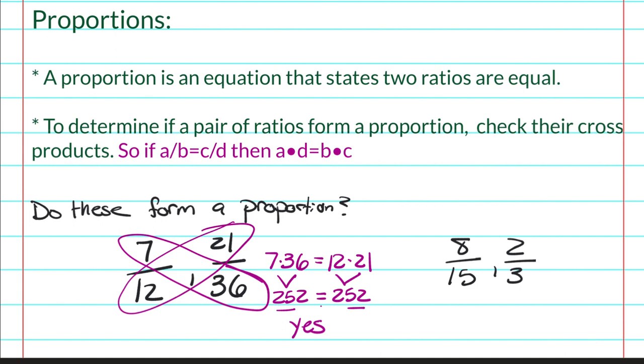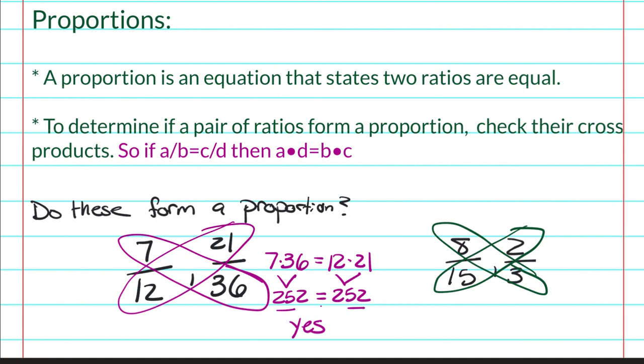Now let's look at the next example we have over here. I have 8 over 15 and 2 over 3. I'm going to do the same thing. Go ahead and draw this out if it helps you. It'll help us remember what we're multiplying.